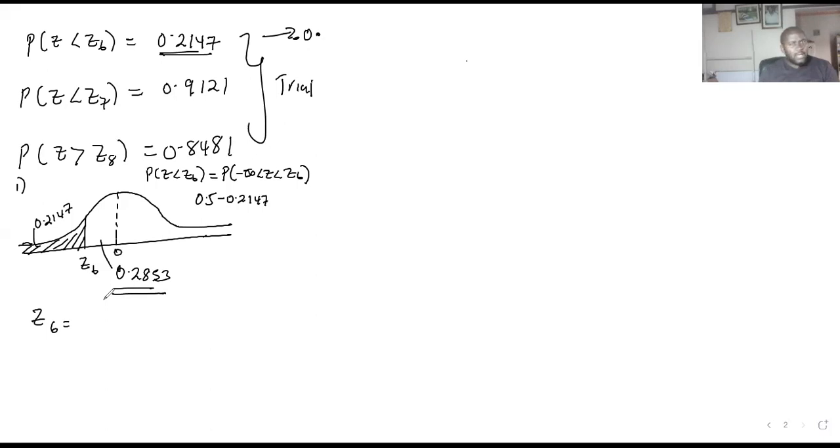Are you sure? For me, I got 0.791. 0.791, a negative, because it's on the left-hand side. Okay? Then the second one, Z7, what did you get?